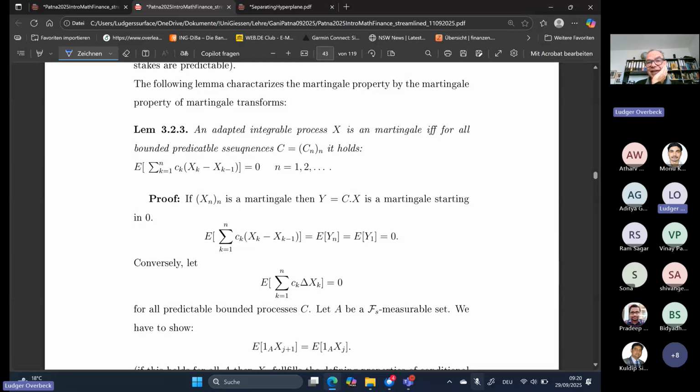But you can also do other strategies. And mathematically, these exit strategies are called stopping times.